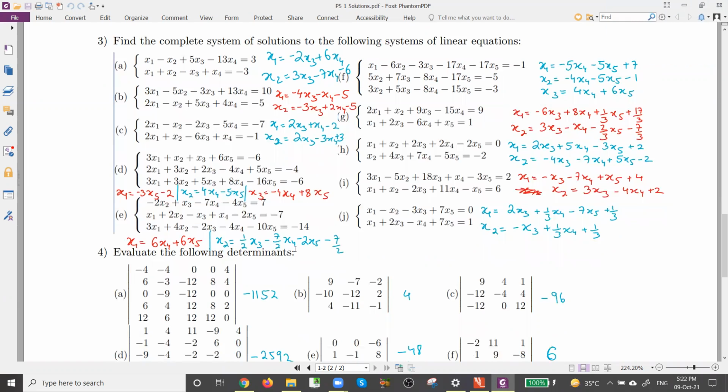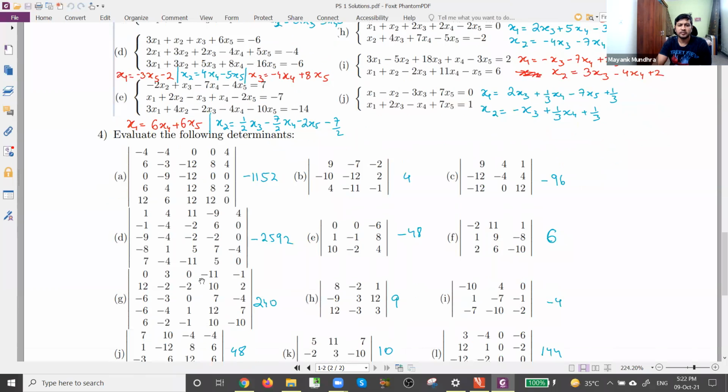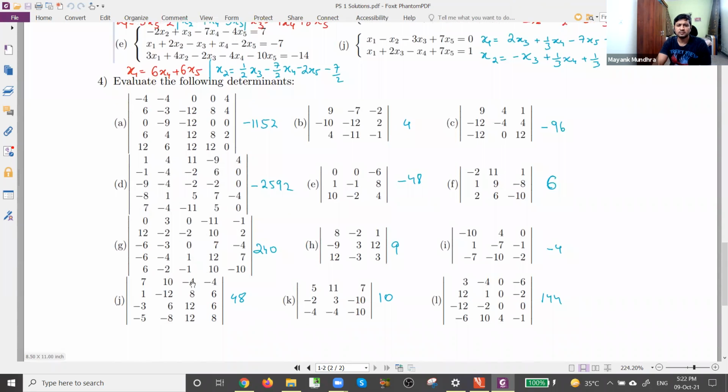All right. Determinants. So obviously, in this case, you had to use the properties to find these bigger determinants. Like going at it directly would be very complicated. So it would be advisable to use some property here instead of going at it directly.